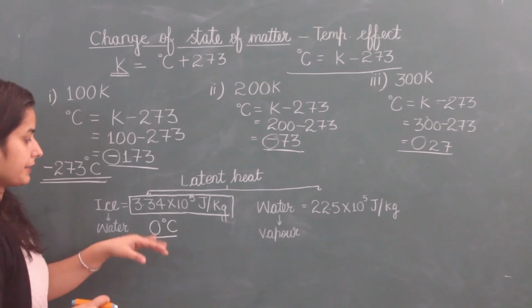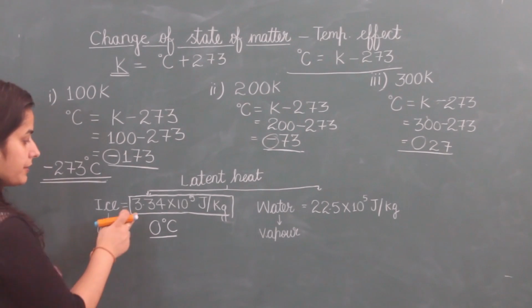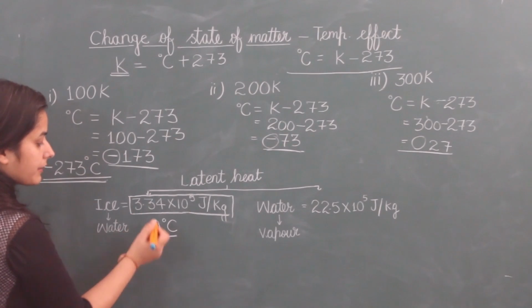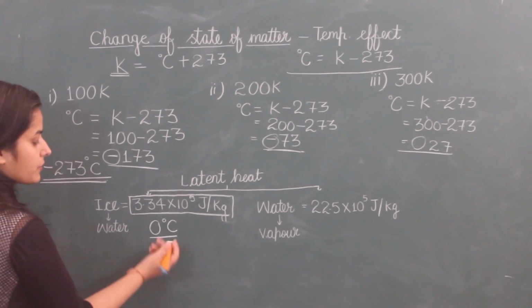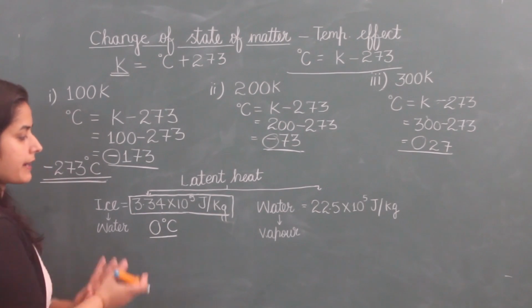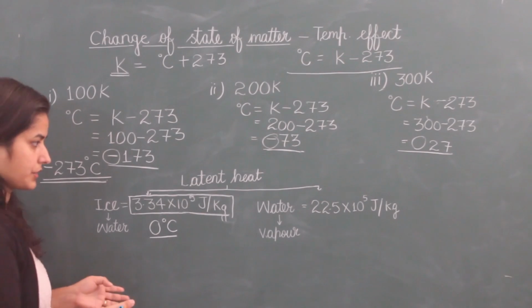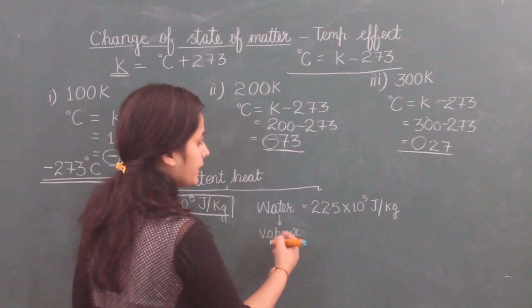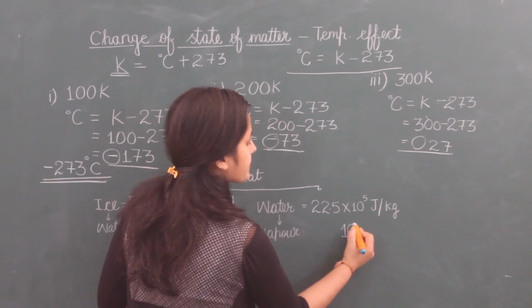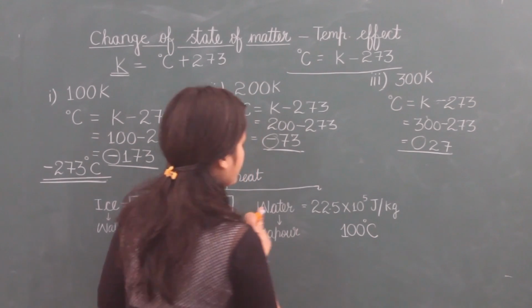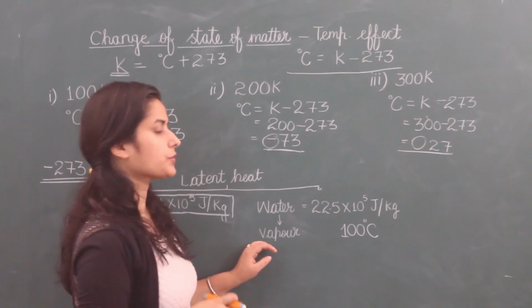After that, if we give more heat than this, then its temperature starts rising, 1 degree Celsius at a time, and this way it will increase continuously up to 100 degrees Celsius. Now at 100 degrees Celsius, this water starts to convert into vapor.